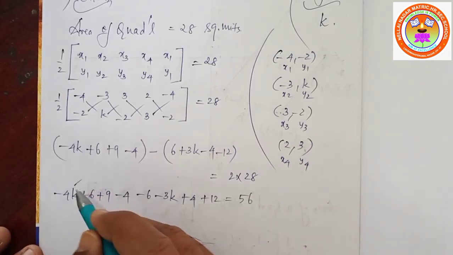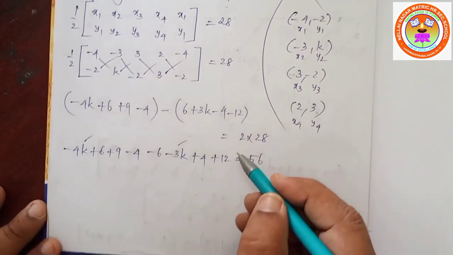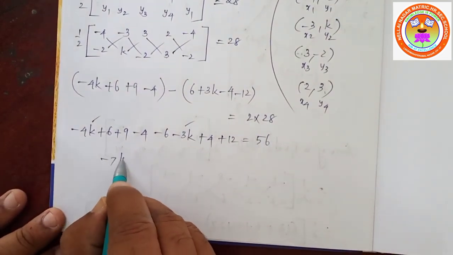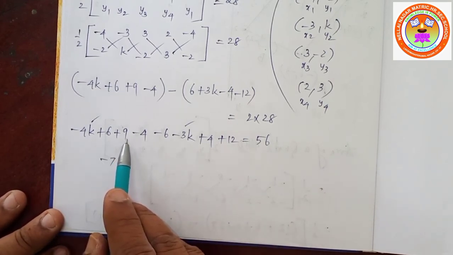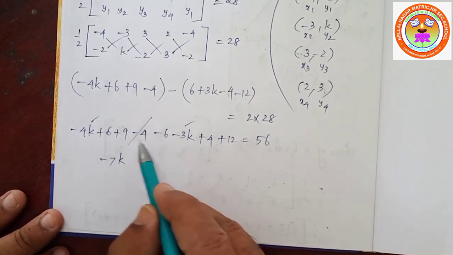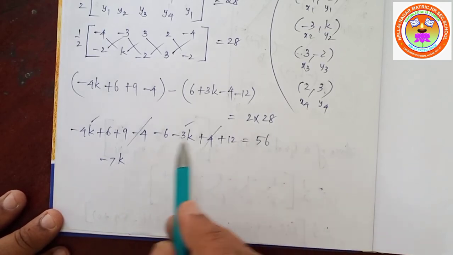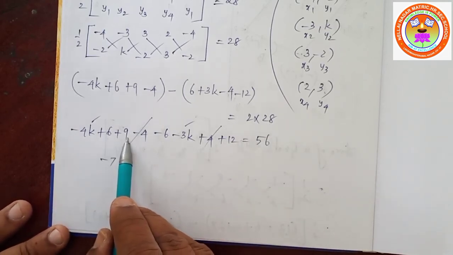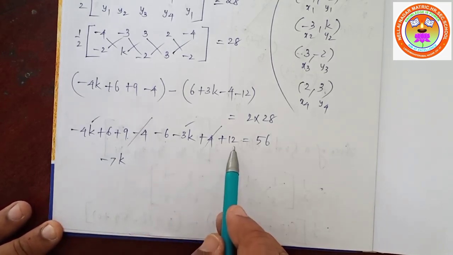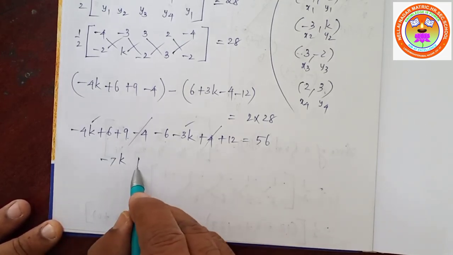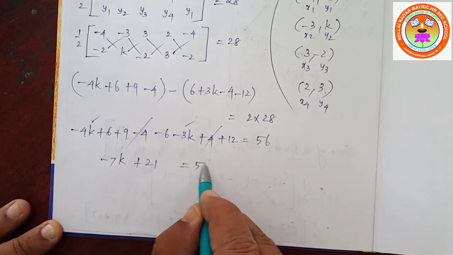Then add the like terms, minus 4k minus 3k, that is equal to minus 7k, 6 plus 9 15, before that you can cancel minus 4 and plus 4, right? 6 plus 9 15, 15 minus 6, that is equal to 9, 9 plus 12, 21.